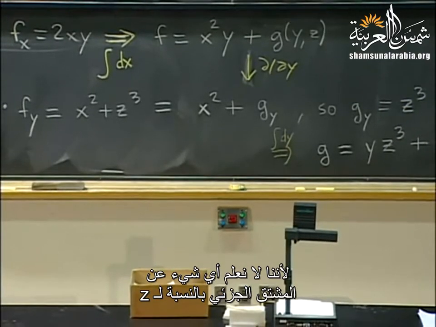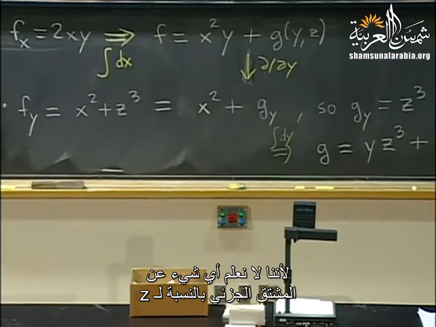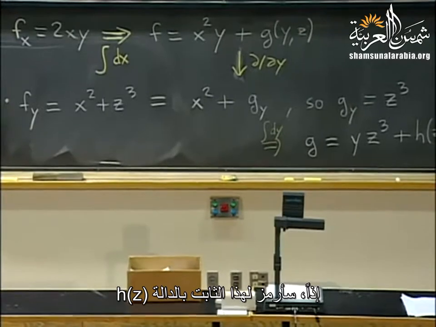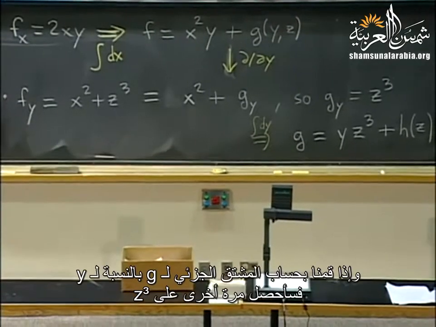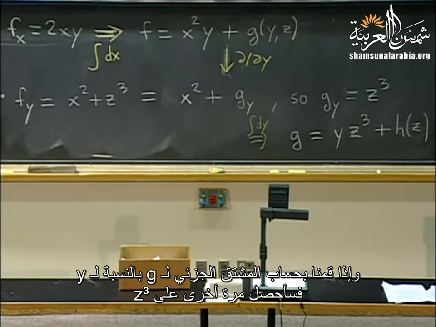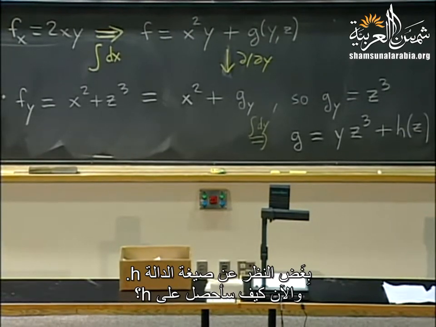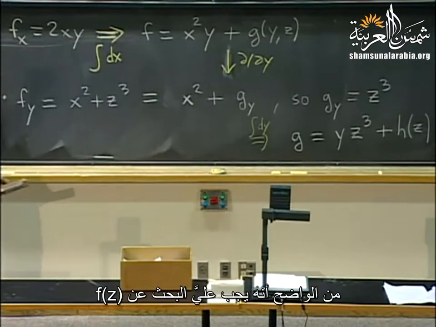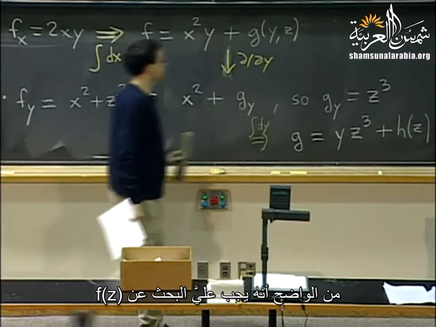Because we still haven't said anything about the partial with respect to z. So in fact, that constant I will write as a function h of z. So if I have this function of z and take its partial with respect to y, I will still get z cubed, no matter what h was. Now, how do I find h? Well, obviously, I have to look at f sub z.